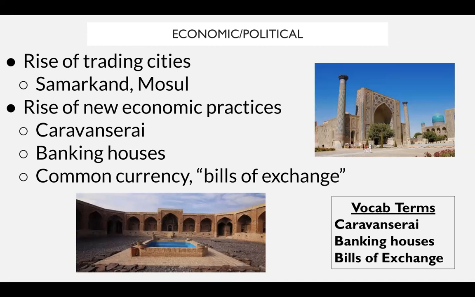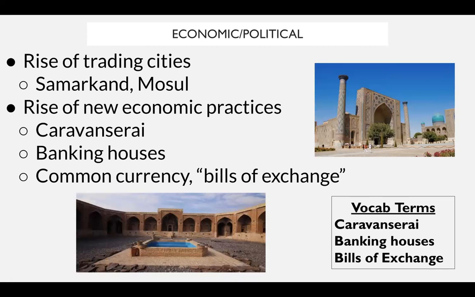Well, when we have unified empires like the Mongols, as we'll talk about later, we will have common currencies. But when we see these different kingdoms pop up that have their own unique forms of money, we do need to have some sort of exchange rate. And that's where these bills of exchange come into play.